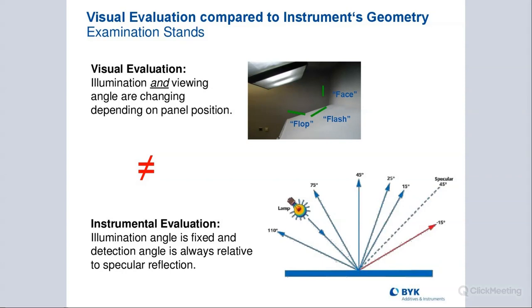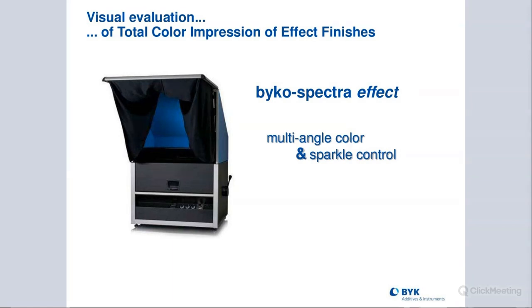So this is just, again, summarizing that the visual evaluation when you're moving samples either in hand or putting them on some type of a bench, it's not going to equal the instrument evaluation. And so you will make visual calls that are different than your instrumental calls or instrumental information.